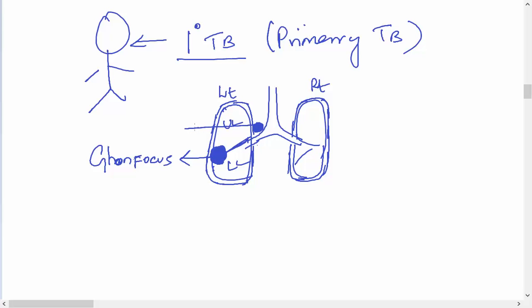If you see both together, it is called Ghon complex. Understand? It is called Ghon complex.